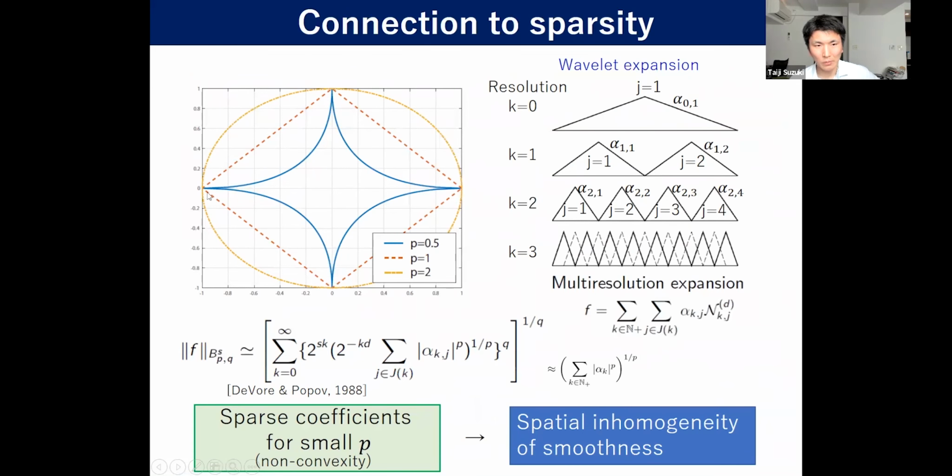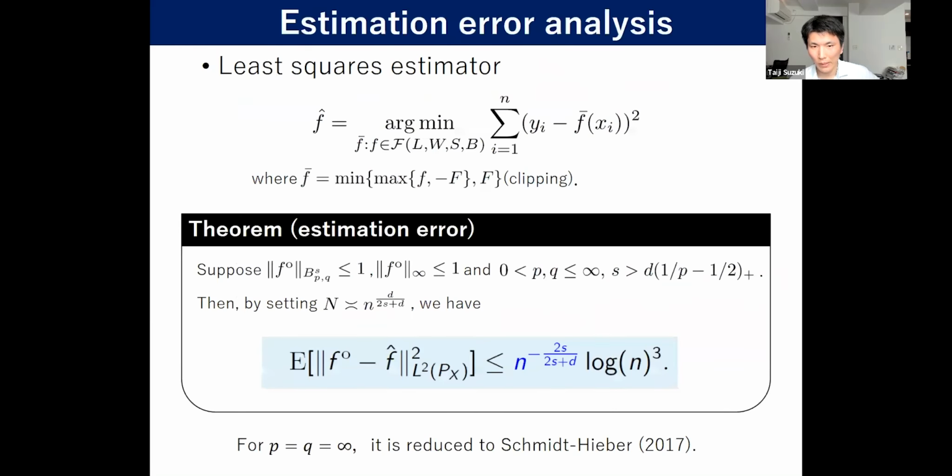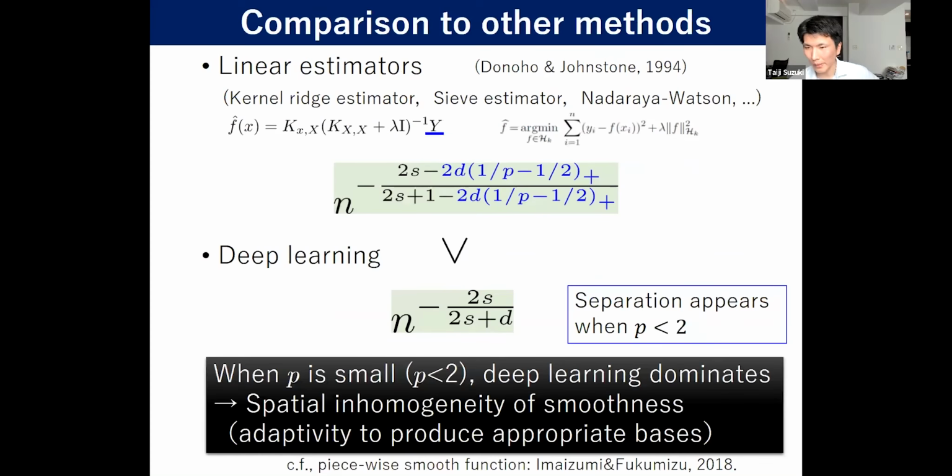We have noticed that if p is small, then the unit ball becomes a non-convex set. So by taking its convex hull, it becomes larger. Therefore, in that case, the linear estimator suffers from the suboptimal rate.